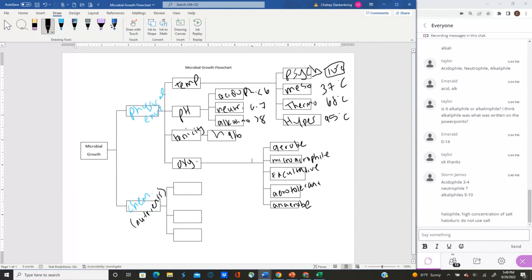Microaerophiles. Again, break down these words, y'all. See where it says aerophile? Phile means to love. It loves air, but the micro means small. So it loves small amounts of air. What that means is normal atmospheric oxygen, like we breathe, is too much for these organisms.